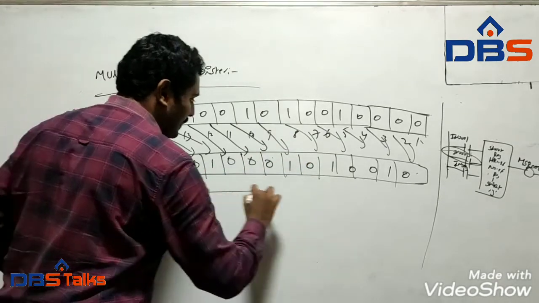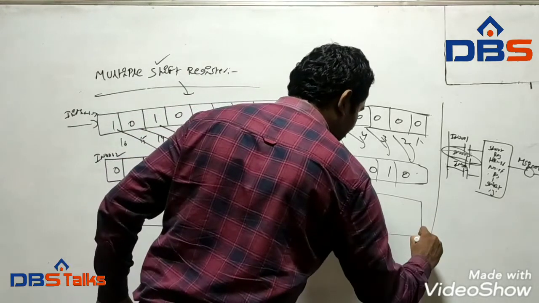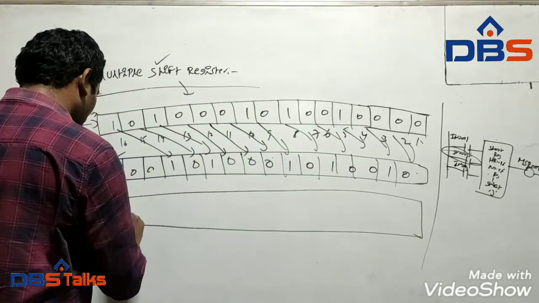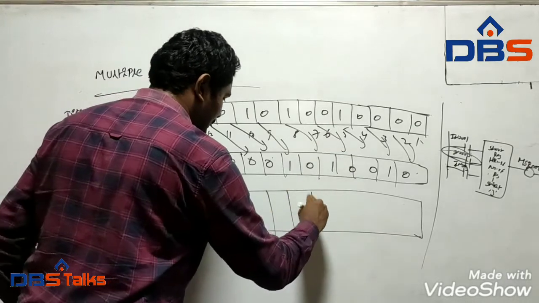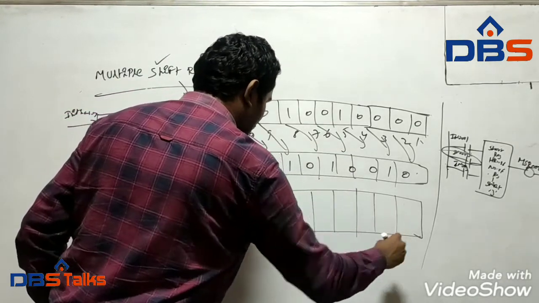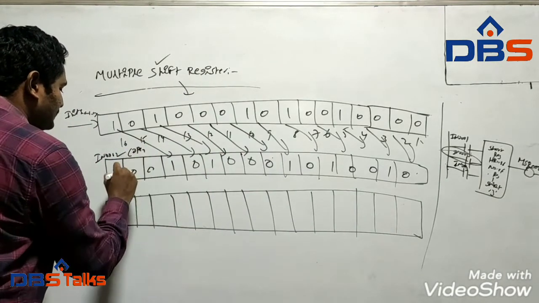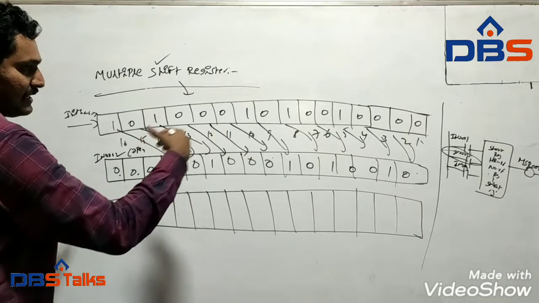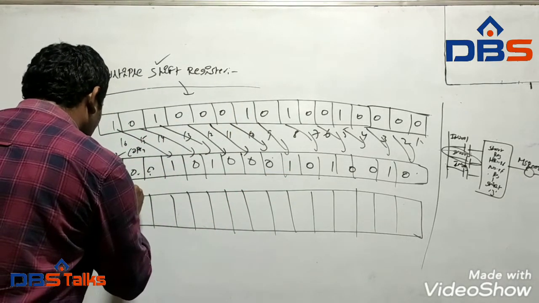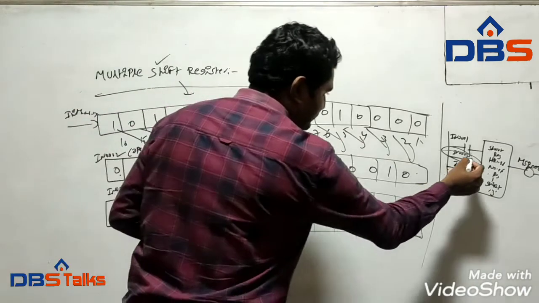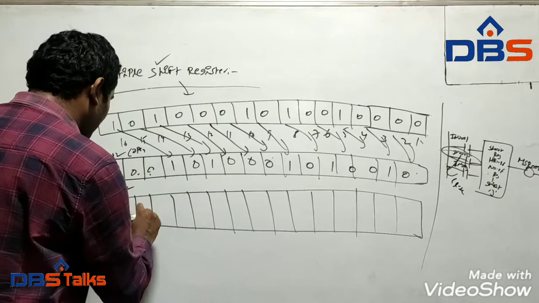Whenever the input switch IN0082 is closed, we have to enter 3 ones. If it is open, we have to enter 3 zeros at a time into the register bits. So if we close this IN0082 switch, we have to enter 3 ones, that is 1 1 1.